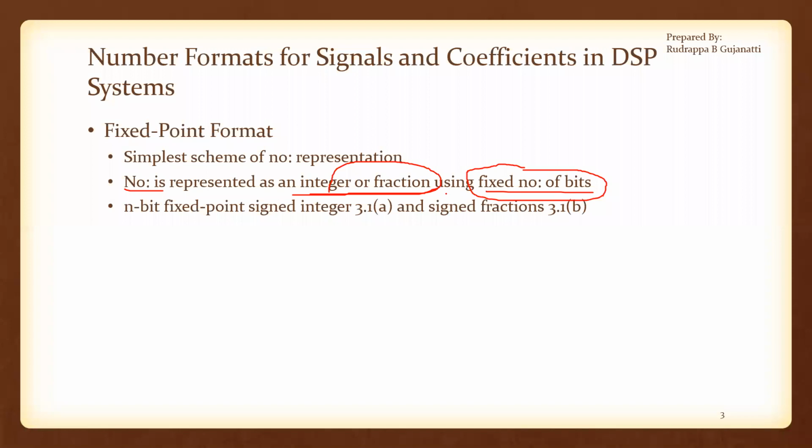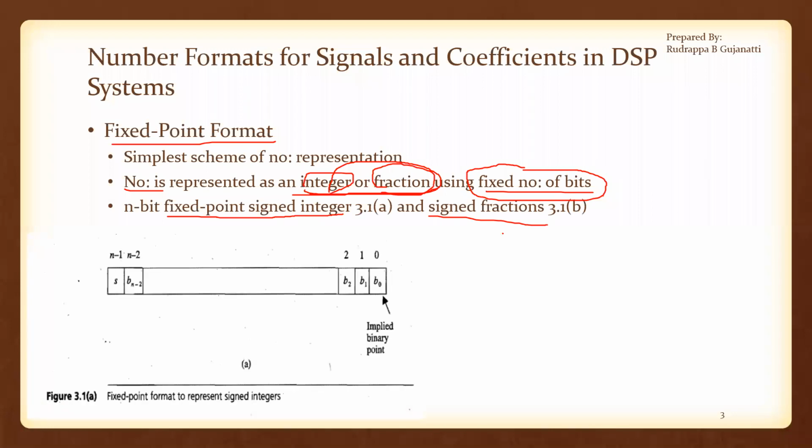Then if we discuss the n-bit fixed point signed integer, how it actually appears. So we have two fixed point formats. Since we can represent integer and fraction, I'll be having two representations. First one, fixed point signed integer, and the other one, fixed point signed fractions.